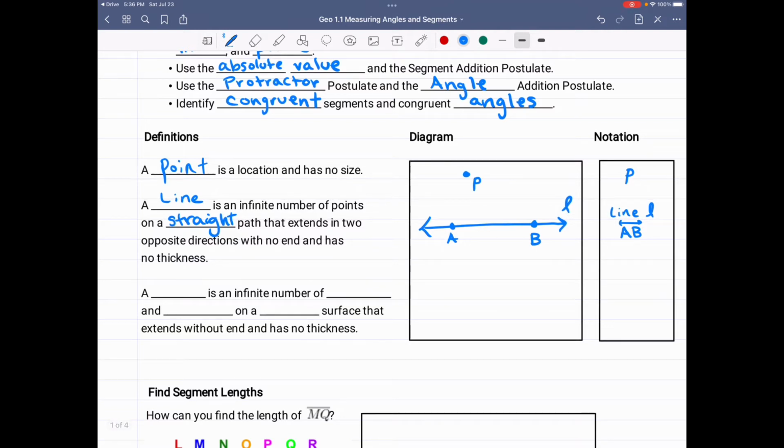The next definition is a plane, and this just comes right from our objectives, that first objective where we're defining point, line, and plane.